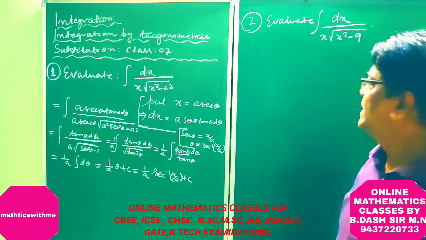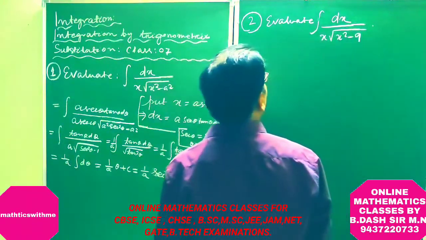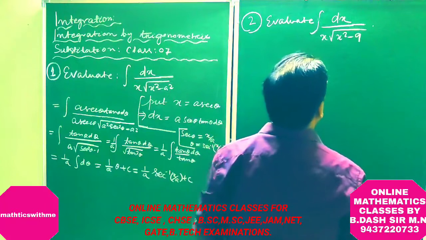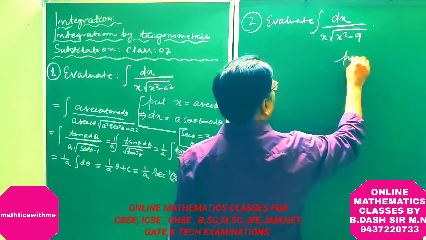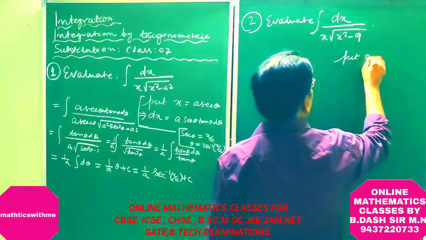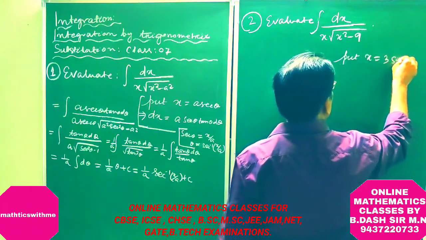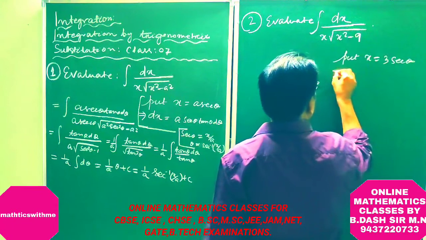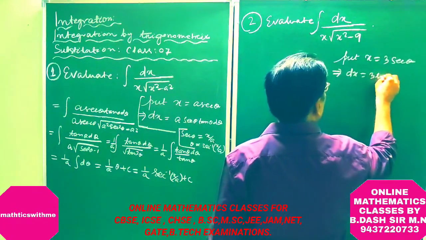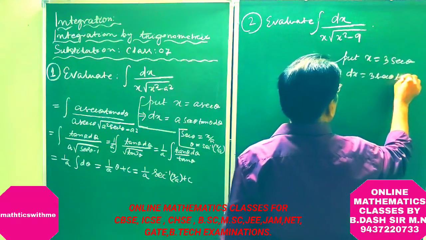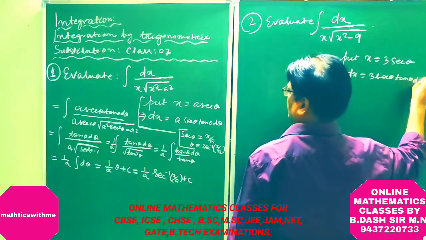Our next question is evaluate integration dx by x root over of x square minus 9. So in order to integrate this integral, put x is equal to 3 sec theta. So this implies dx is equal to 3 sec theta tan theta d theta.